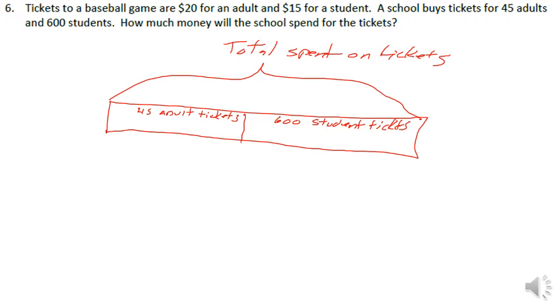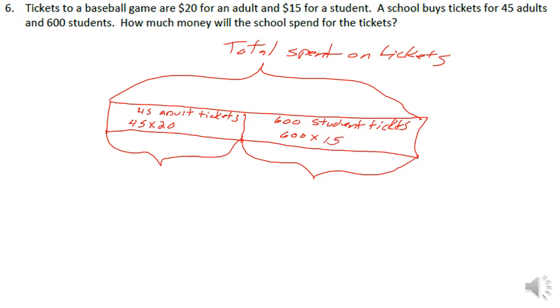Now, the adult tickets were $20 each. So I know 45 times 20 will get me how much the adult tickets were. Now down here, I know each one of the students is 15, so this is 600 times 15.